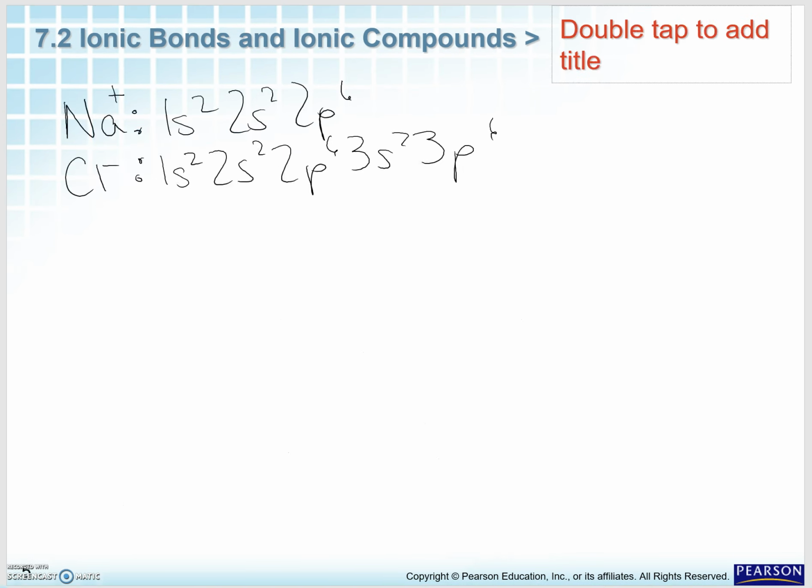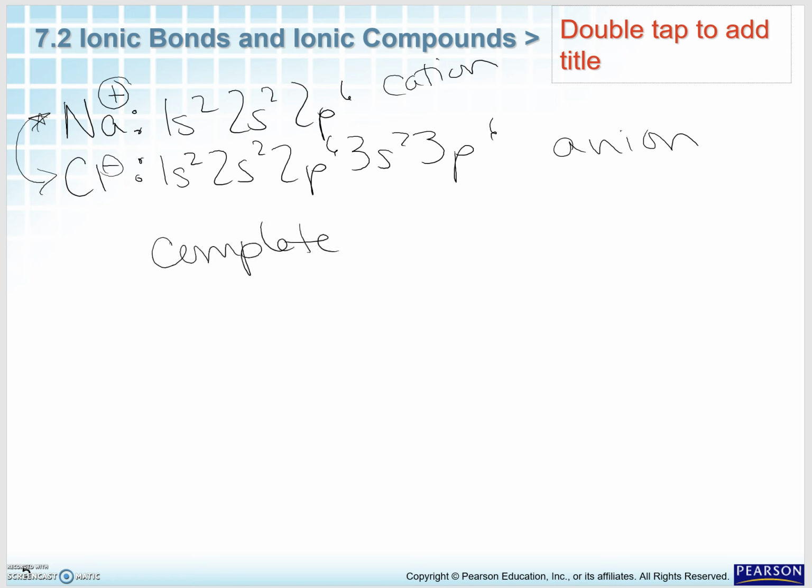Here's what it would look like if your sodium would donate that electron to chlorine. Again, if you lose that electron, you're going to become positive. This is our cation. And if you are negative, you become your anion. And whenever you look at the valence electrons, they complete a full octet for both of them.